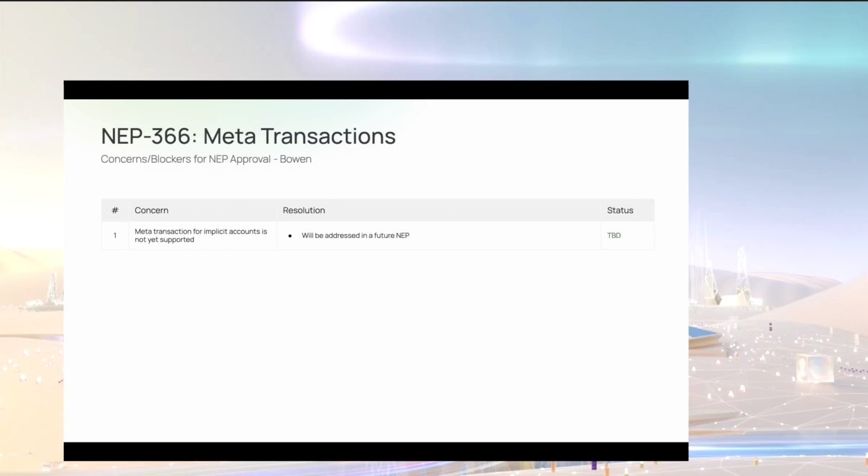But the payment with the token is a function call to the token contract, while the real action that the user wants to do probably has some different destination account. So both cannot be included in the same delegate action. And so how would you make sure that the relayer gets paid in this case?